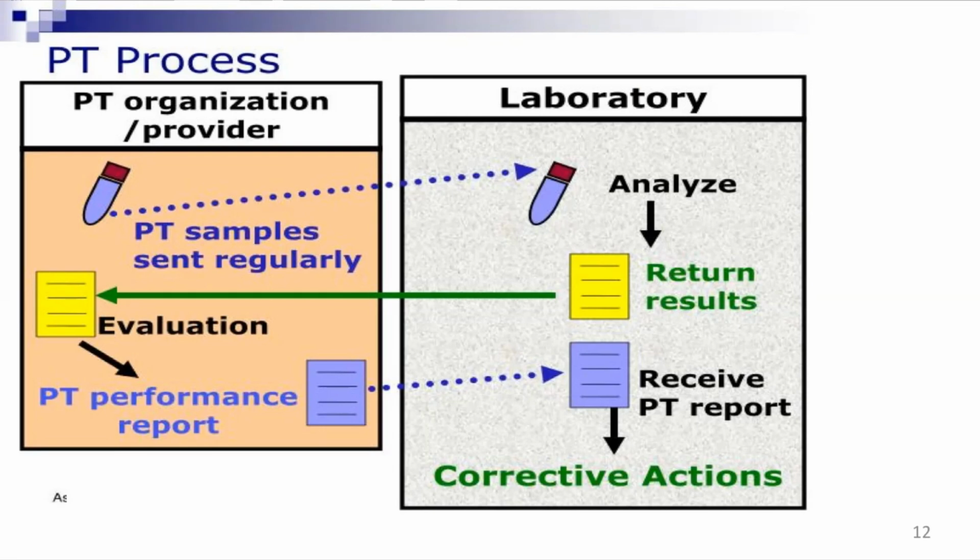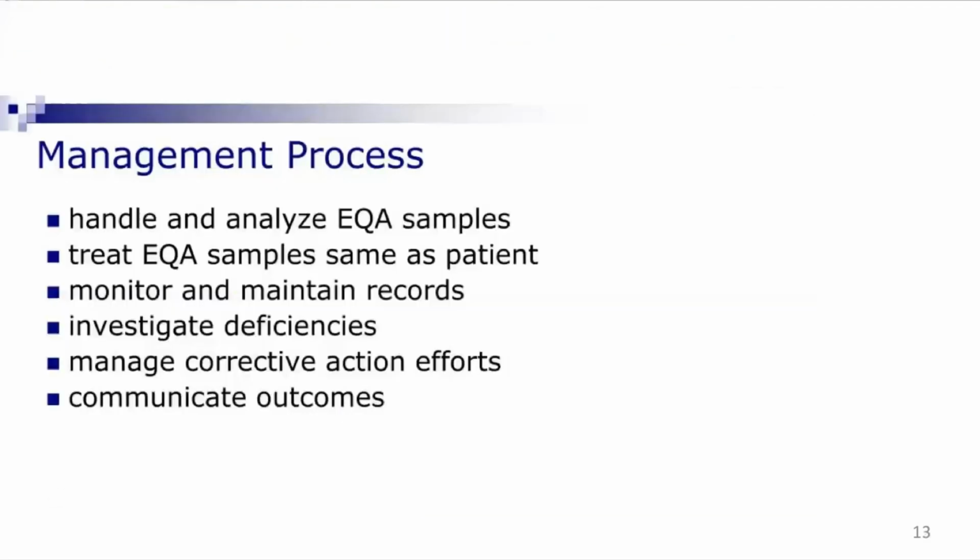The laboratory analyzes and sends results to the PT provider. Then the PT provider evaluates those results and develops a PT performance report. That report is sent to the laboratory. They receive the report and analyze it. If they find any outlier, something which is not within the acceptable limit, then they do root cause analysis and take appropriate action on that.